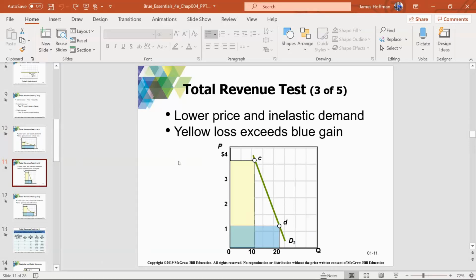Okay, and this one is a little bit trickier, but it helps to think of some examples for goods that are more inelastic. Can we think of some examples of some relatively inelastic goods?